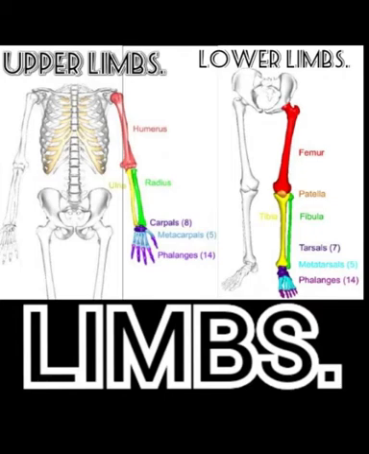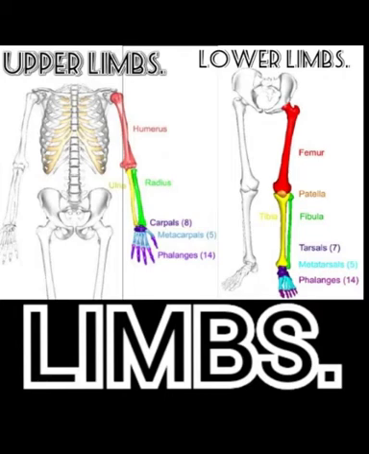Next, let's see the lower limbs. Lower limbs are otherwise called legs. The second picture shows the lower limbs. The lower limbs also have two parts, the upper leg and the lower leg.